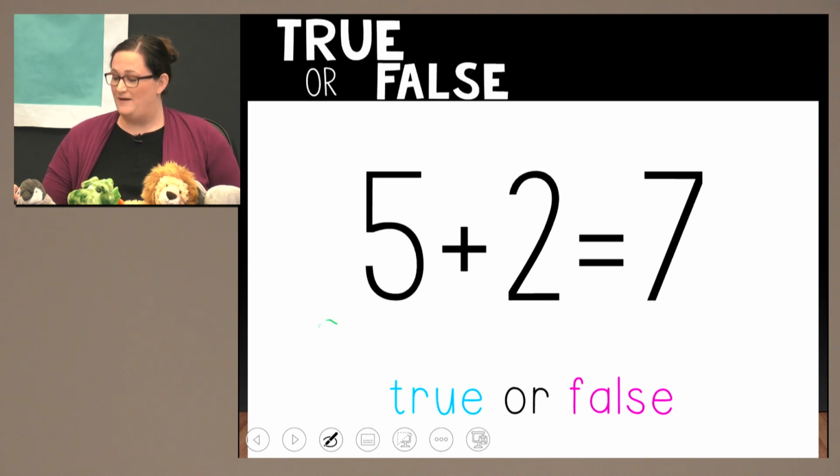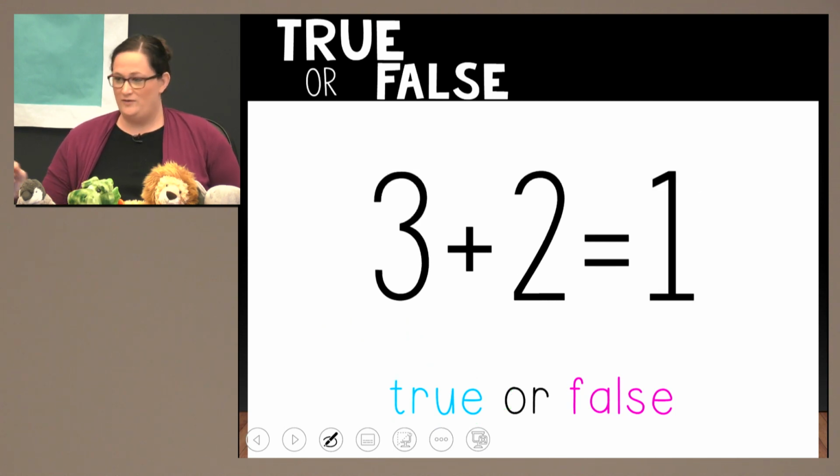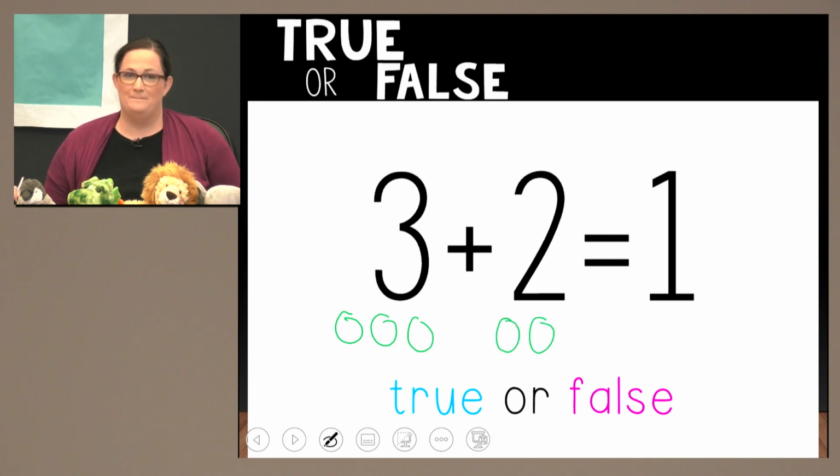What if you have 5 and you put 2 more on? Is that the same as 7? It is. What if you have 3 and we're adding, so we put 2 more on? Is that the same as 1? They did it again.